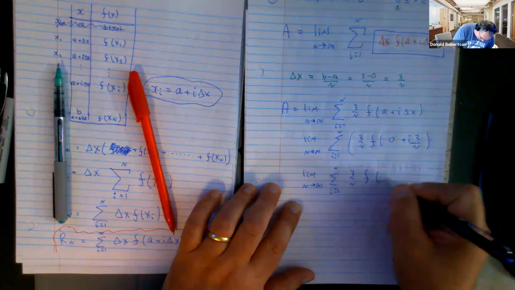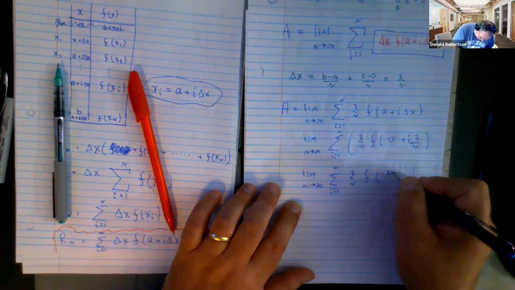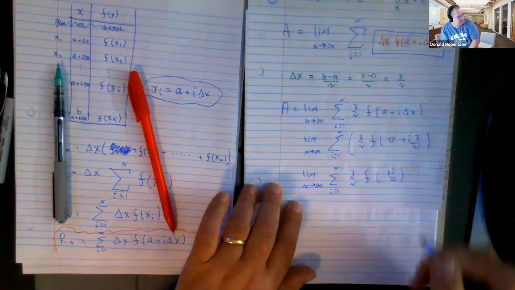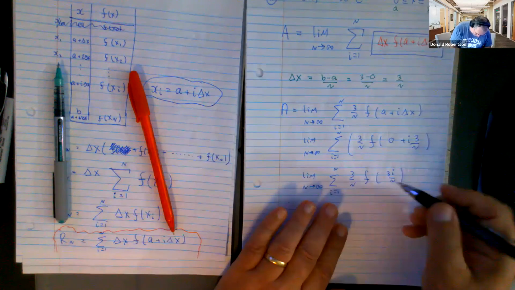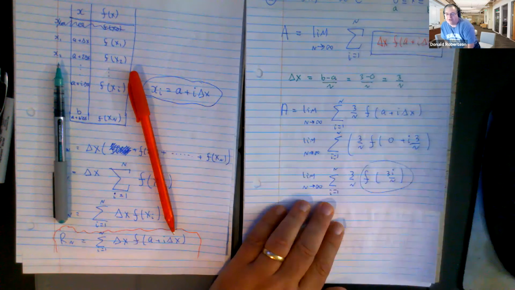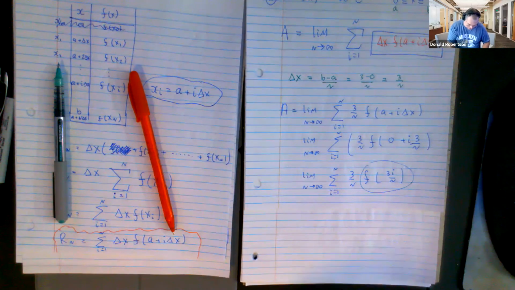And i times 3 over n, doesn't that look nicer if you write it like that? So far, so good. Now, is there anything else that I could turn into something different?